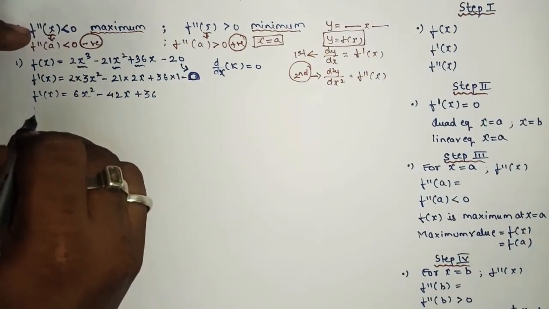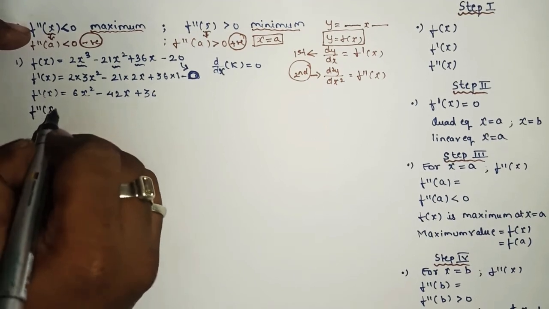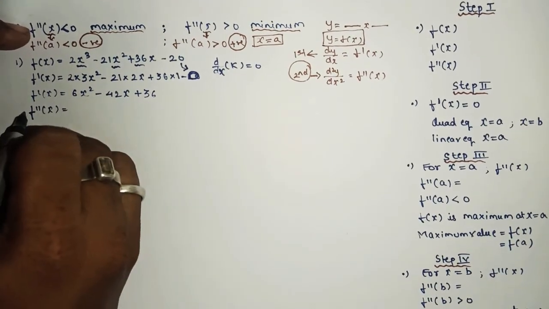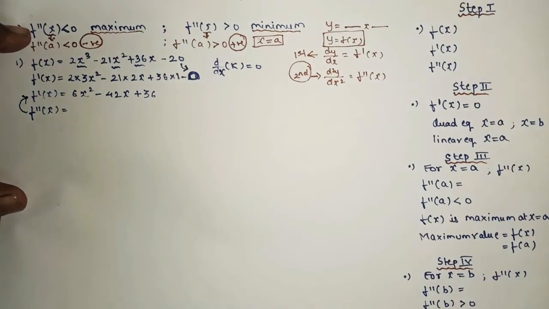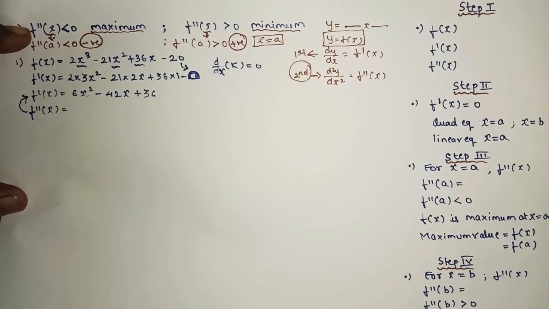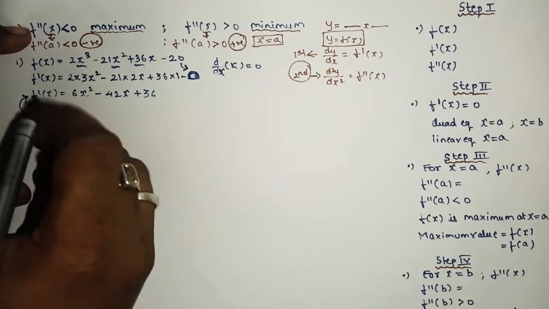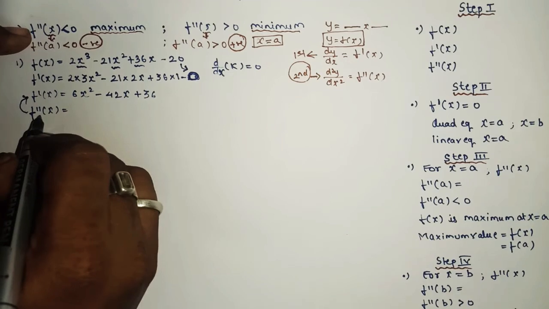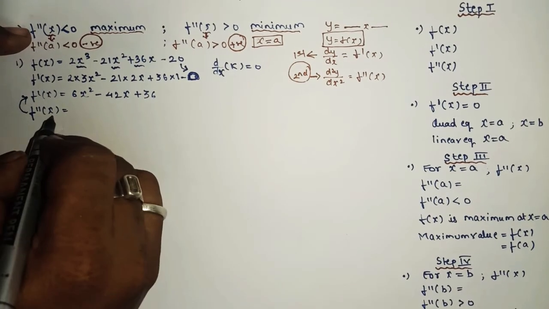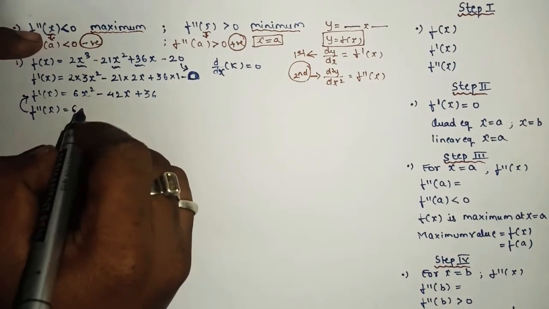Now we'll move on to the second derivative. For the second derivative, we have to derivate the first derivative to get the second one. So here we have f dash x, and only to f dash x we have to derivate. So there you will get the second derivative. We'll keep this 6 as it is.